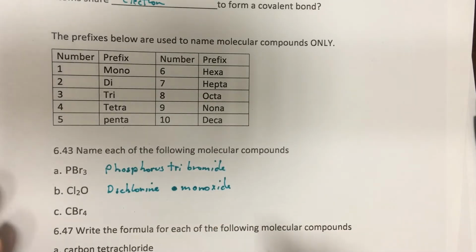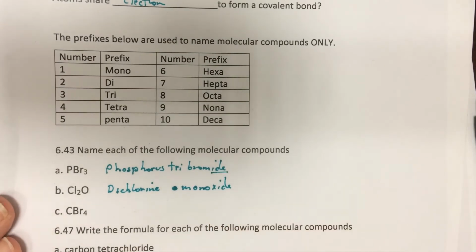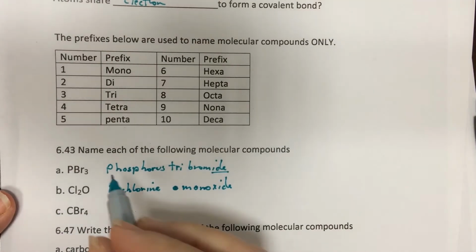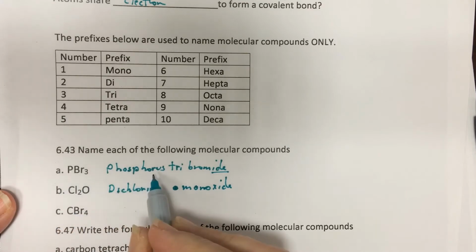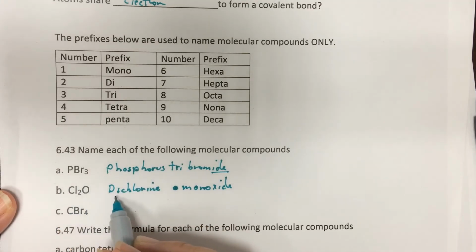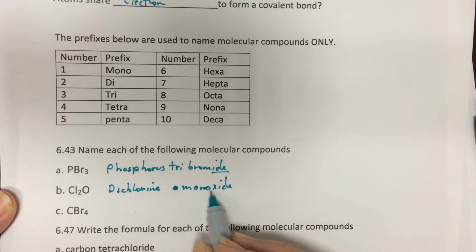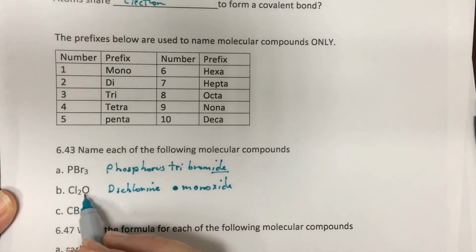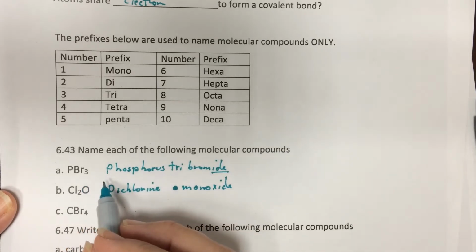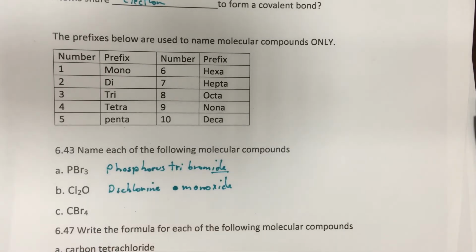So notice that I'm adding the ide to the one that's behind. The first compound just gets its name. If there are 2 of them, I put a di in front of it. And here I use the monoxide because there's only 1 oxygen. There was also only 1 phosphorus, but it's in the front, so I didn't say monophosphorus tribromide.